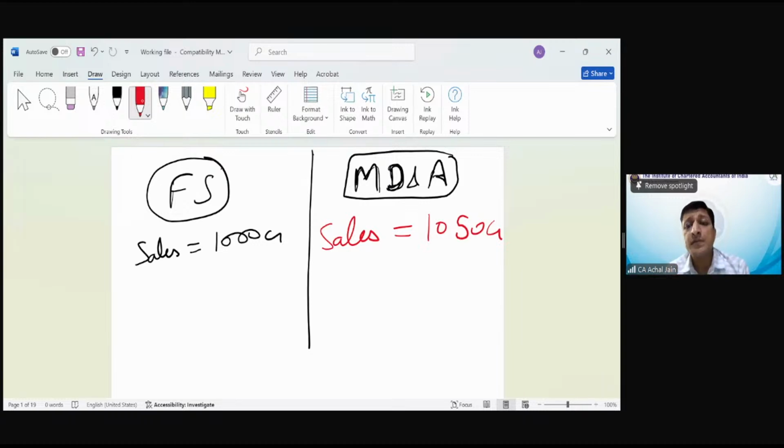Can you see this? Sale of the same company for the same period at two places. If you find it reported with a different number, can you tell me what will happen? Let's suppose you are the user.